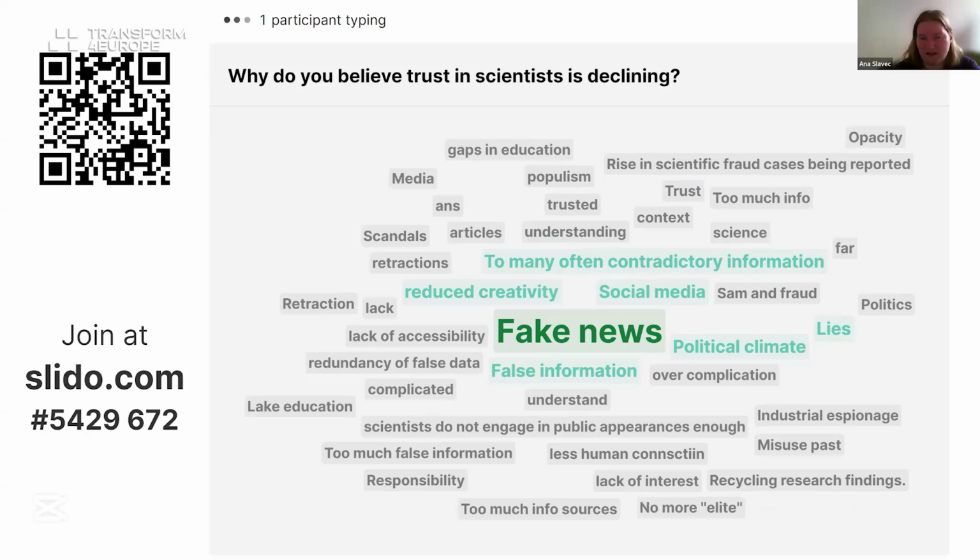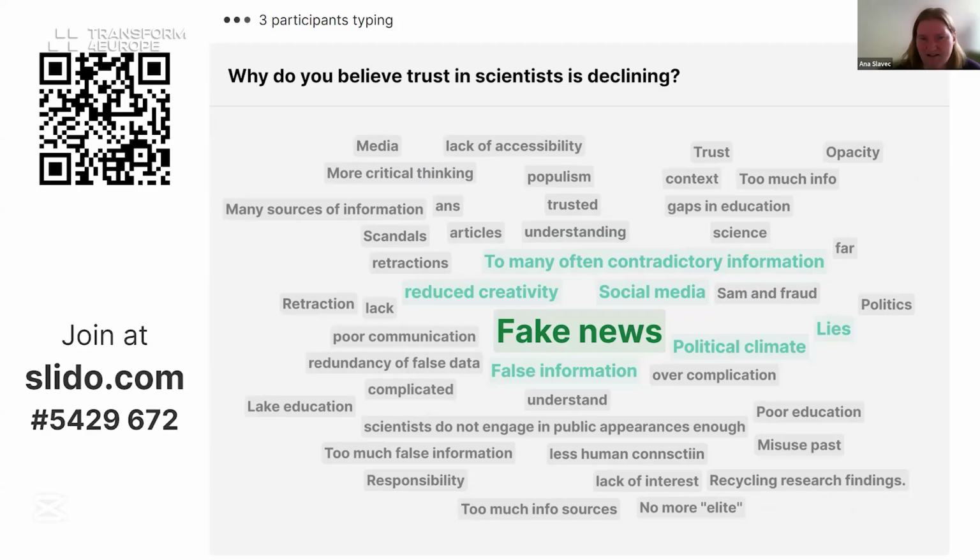Experts might be able to detect what is fake news, but the general public is not always able to. So in the end, they decide maybe not to trust anything because of this loss of trust. So yeah, many reasons why this trust is declining.